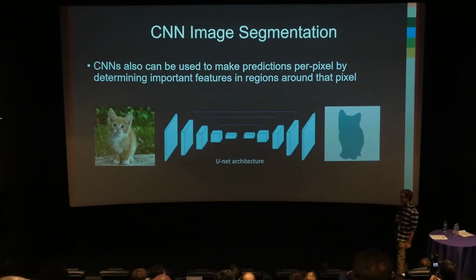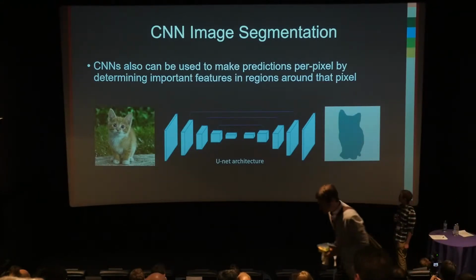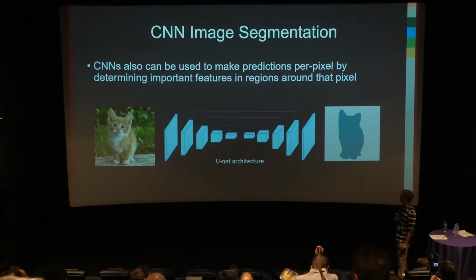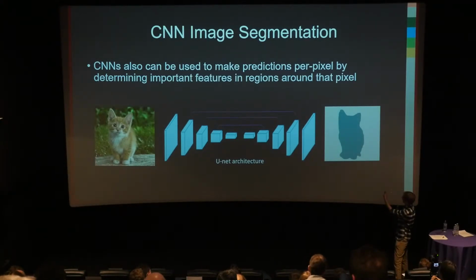And then in the second half, through a series of upsampling along with skip connections that keep context that you learned along the way, it tries to learn a certain amount of features per pixel based on the pixels around it to make a prediction on whether or not a pixel is a part of a certain class. So the output you would see of this when you feed in a cat would be a collection of pixels that get marked as cat and a collection of pixels that get marked not as cat.